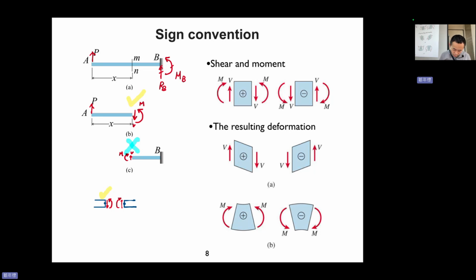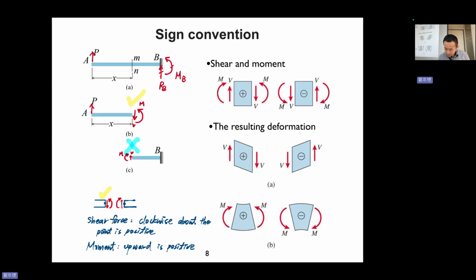So shear force clockwise about the point is positive, and moment upward is positive.